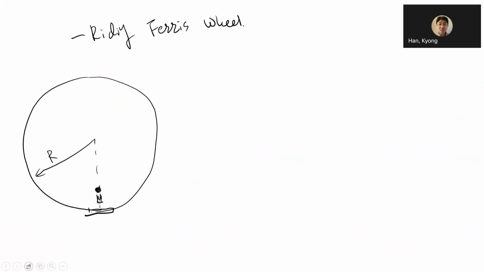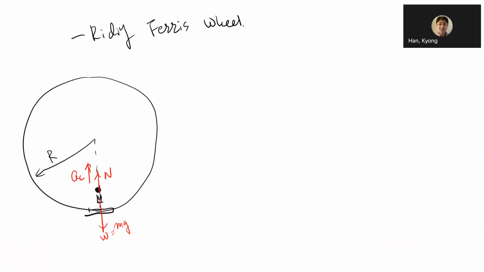There is gravity, mg, sometimes just called the weight force. And there is a normal force N here. The acceleration in this case is in this direction, AC.